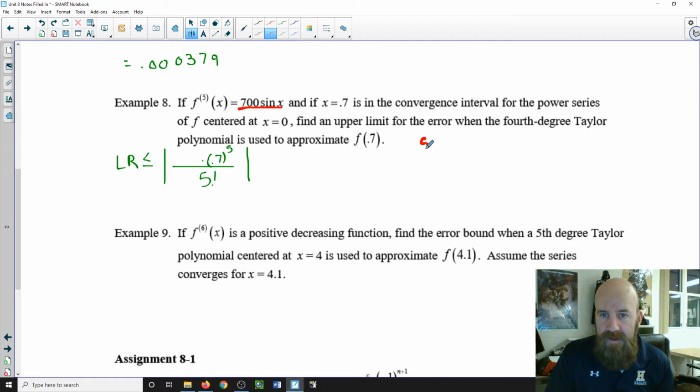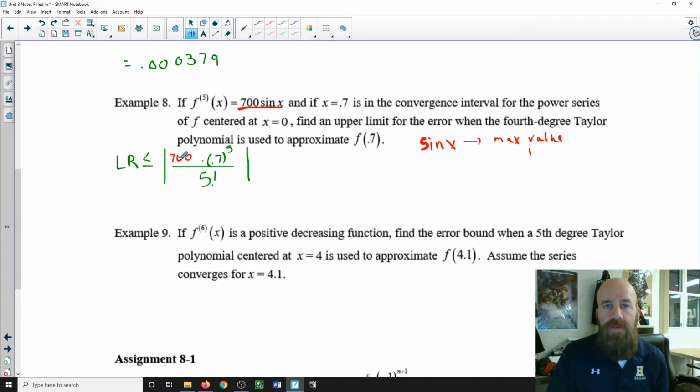So if sine has a max of 1, okay, so let me write that down. Sine of x, max value is 1. You might want to make reference to that somewhere. Okay, so sine is 1 max, and multiply that by 700. So the maximum value that our fifth derivative would be is 700.